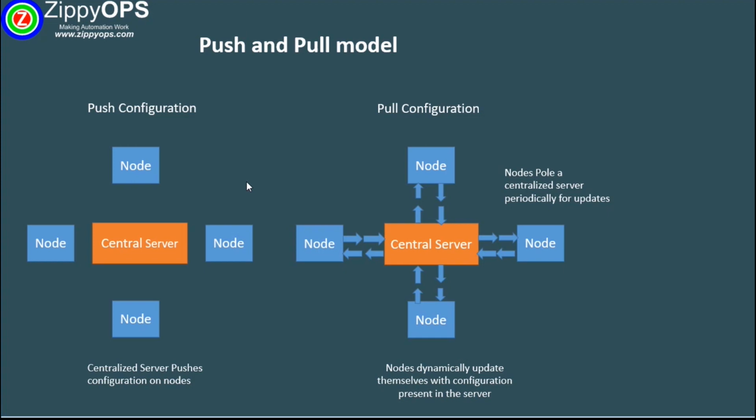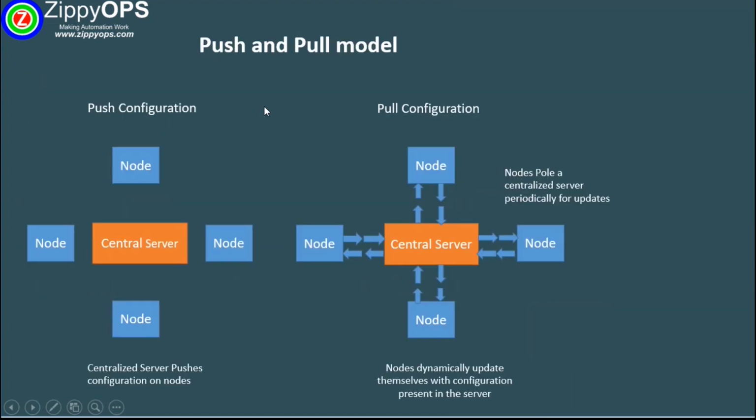Okay, so whenever you want to add a node machine to the Salt master, you are expected to have a Salt minion running on the machine. Whenever Salt wants to communicate to the node, it communicates to the minion, and the minion applies the configuration on the server and returns the status to the master. Okay, this is the push configuration model.